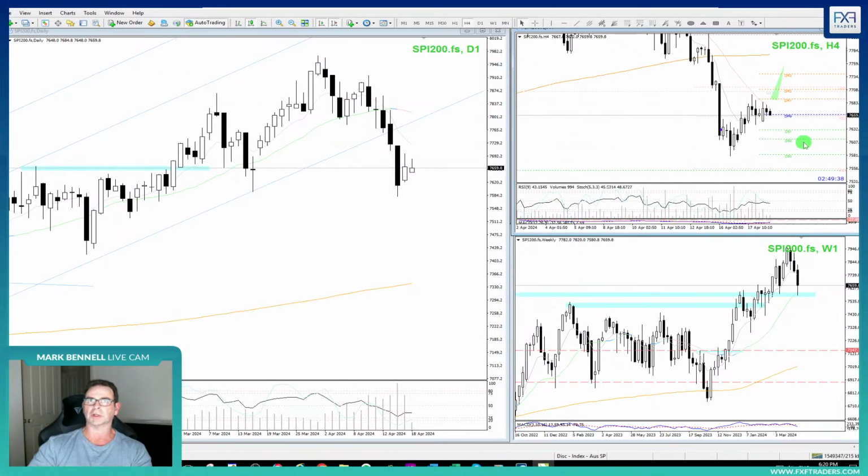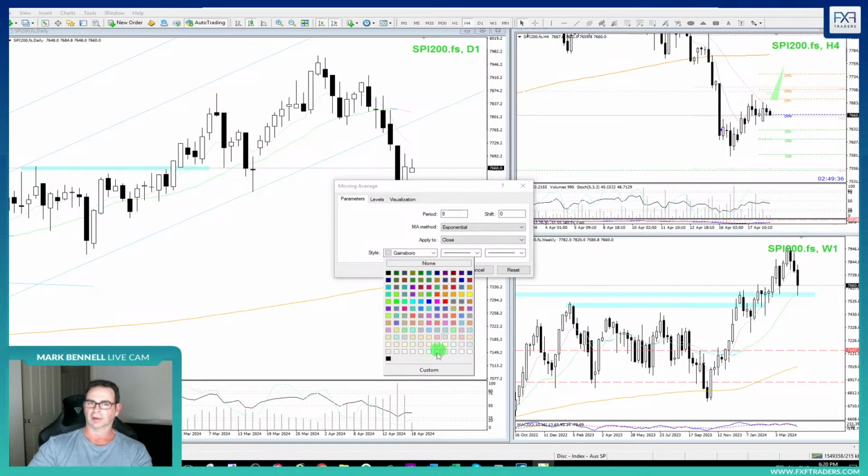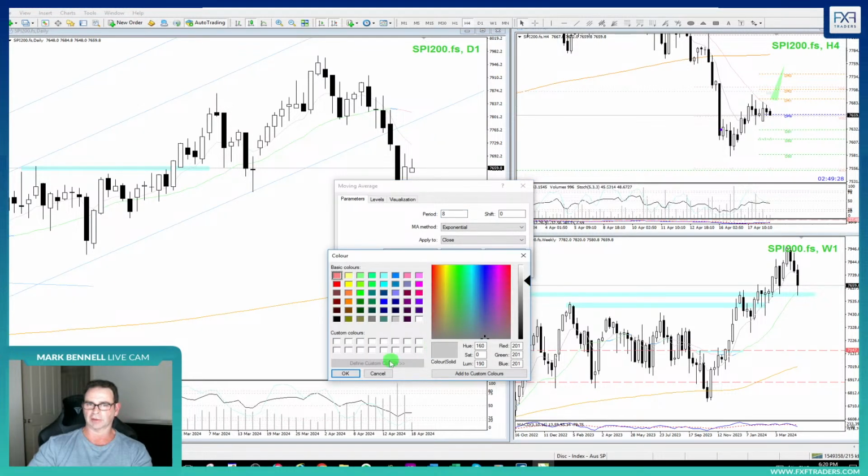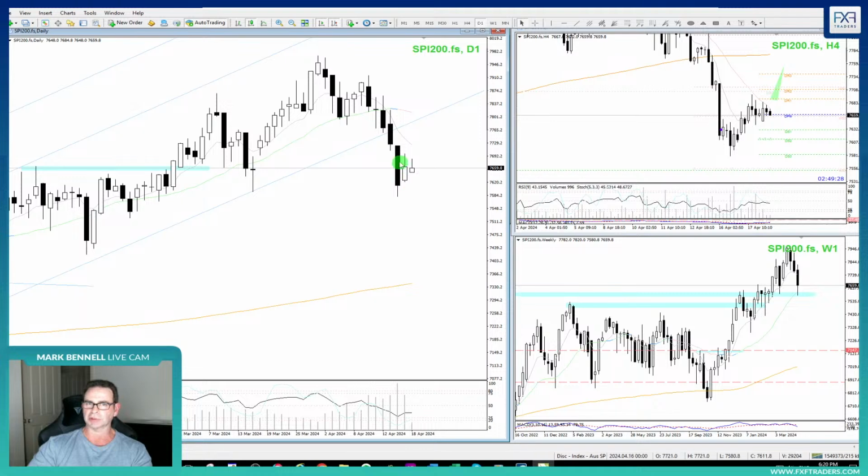So what is even more noticeable is on the daily, see? The big extension away. So just add that as well, you know, with your setups. When you've got a climactic situation and it looks like a continuation, the probability is a little less. All right? And look, we're at support as well.